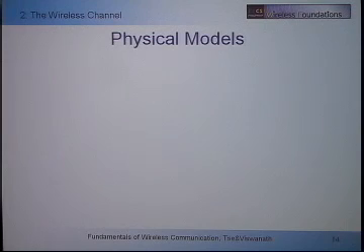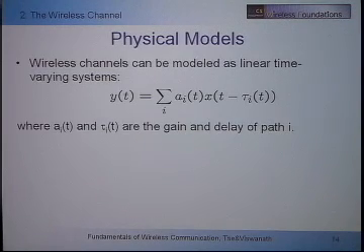So physical model. By physical model, I mean essentially a model which is a function of the physical environment, so a deterministic model. Wireless channel is a great thing for teaching undergraduates, actually. I really push very hard for teaching wireless modeling for undergraduates because it's really a prime good example of the power of linear system thinking.